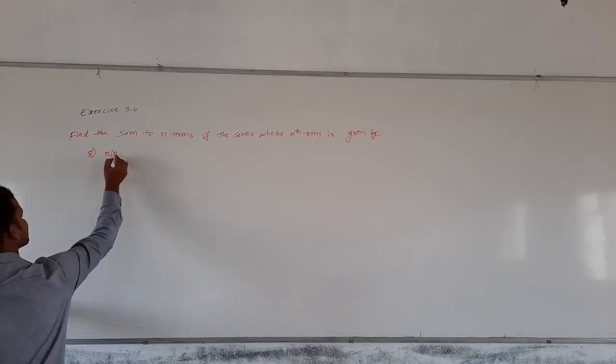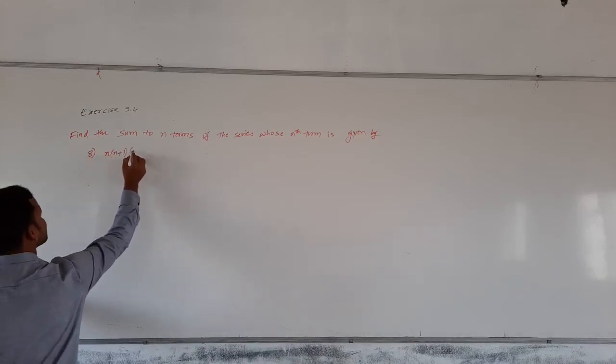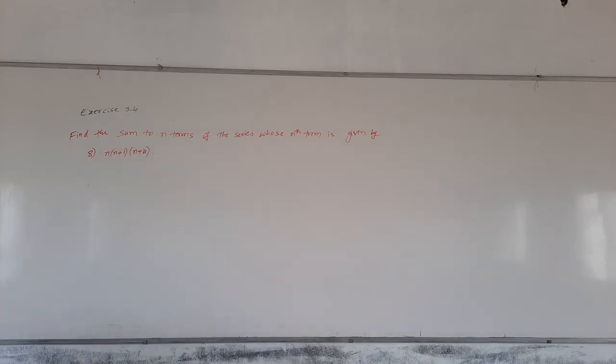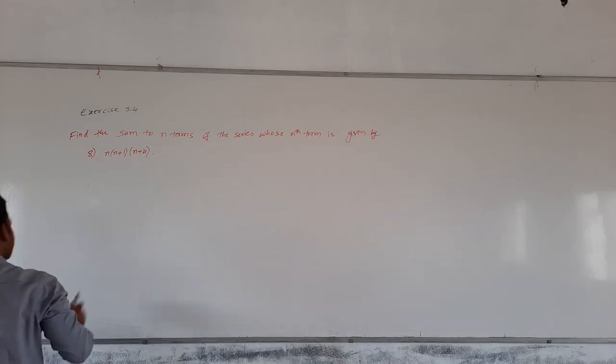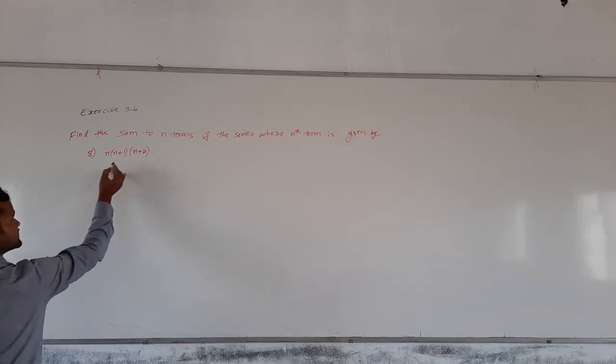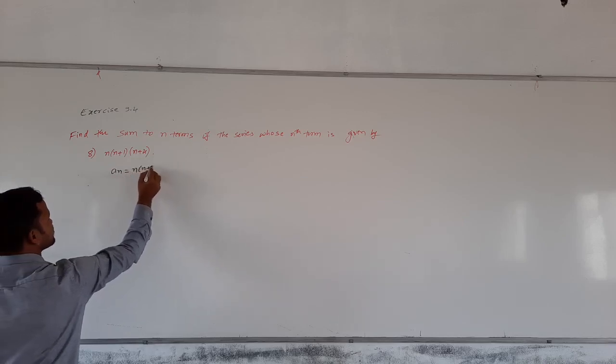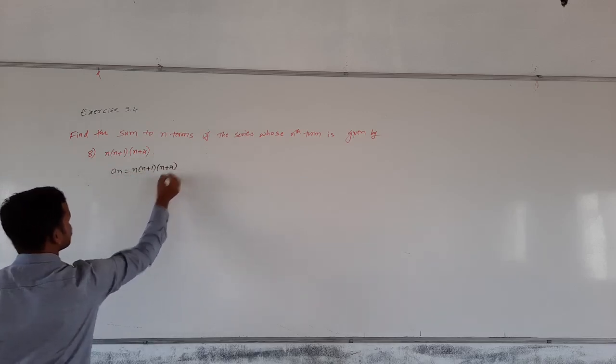It says n into n plus 1 into n plus 4. Solving the problem, this is an. an is equal to n into n plus 1 into n plus 4.